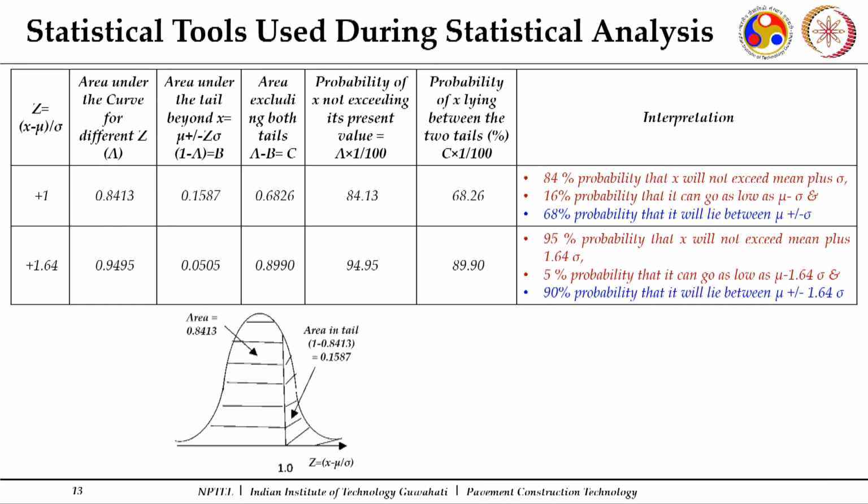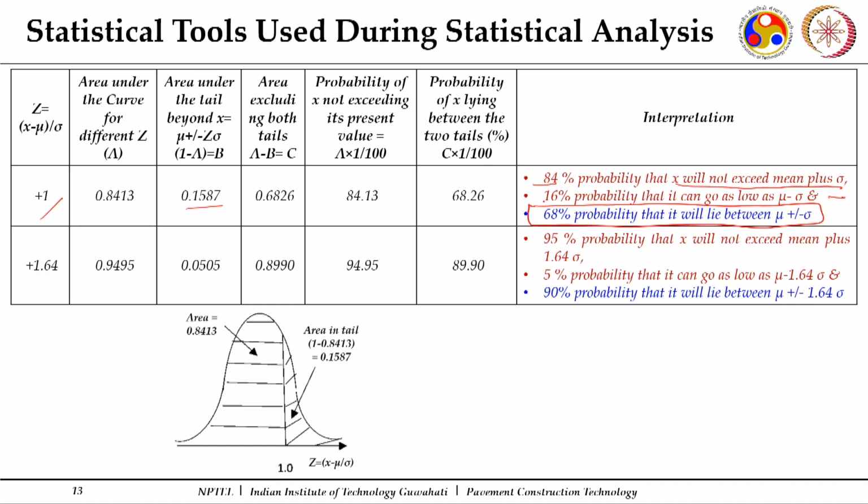IRC-SP 112 in a similar fashion explains that if we have a standard normal deviate value of +1, then there is an 84% probability that x will not exceed the mean plus the standard deviation, and 16% (15.87 rounded off) probability that it can go as low as that, and therefore 68% is within this particular range.